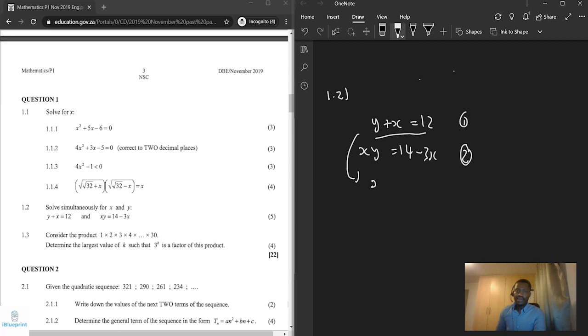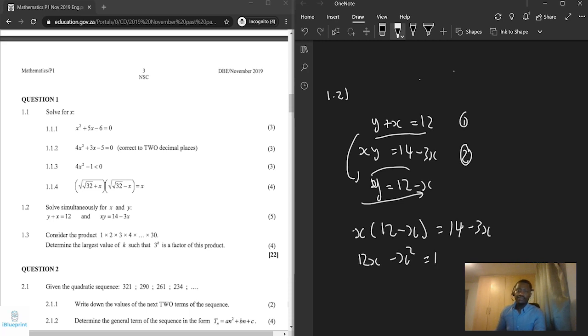So if you make y equal to 12 minus x, that means we have y written as a function of x, and then you can substitute this into the second equation, which gives you x times (12 minus x) is equal to 14 minus 3x. Then you distribute, and you end up having 12x minus x squared is equal to 14 minus 3x.